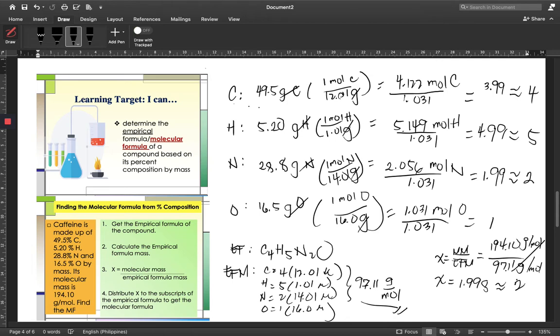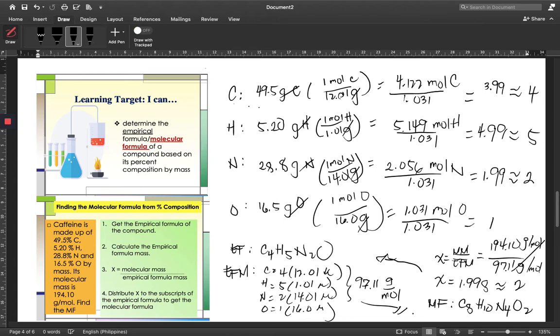Therefore, our multiplier, we have to distribute it to the subscripts of the empirical formula, such that in getting the MF, we now have our final answer finally is C8H10N4O2.